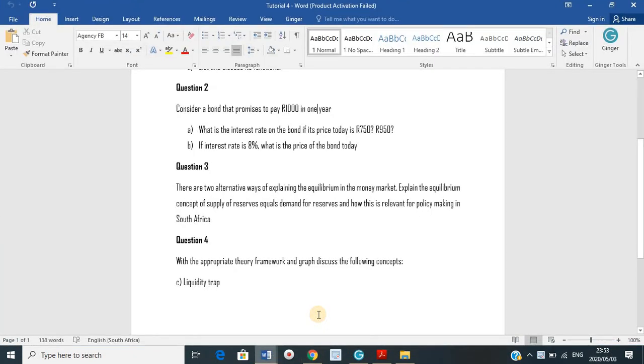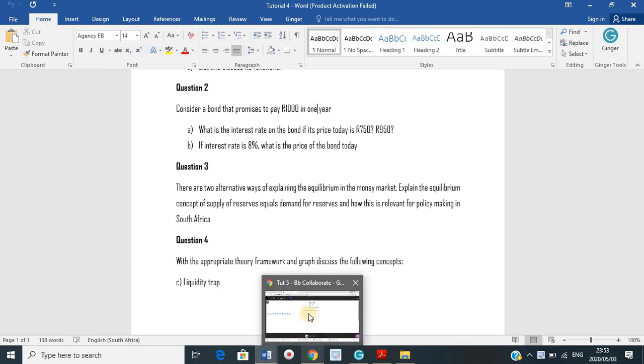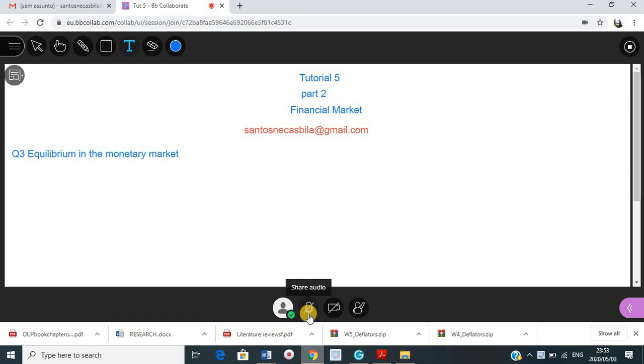It says there are two ways of explaining the equilibrium in the money market. Explain the equilibrium concept of supply for reserves equals demand for reserves and how this is relevant for policy making in South Africa. All we need to know here is that we have two ways of getting the equilibrium in the monetary market.